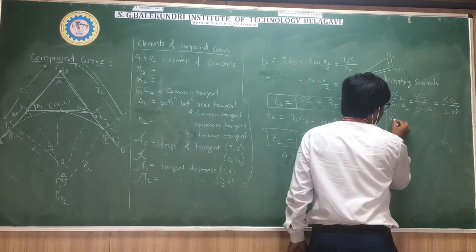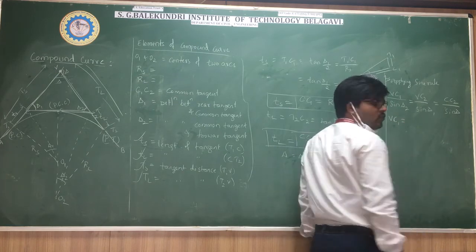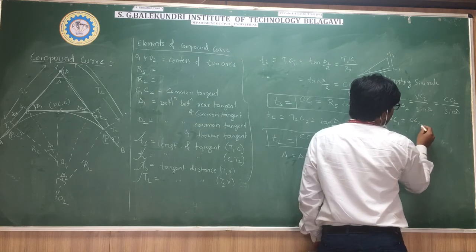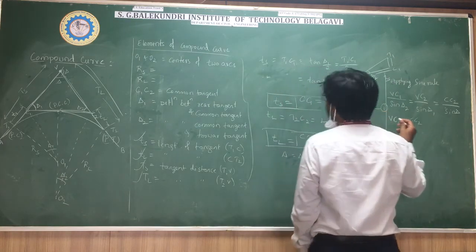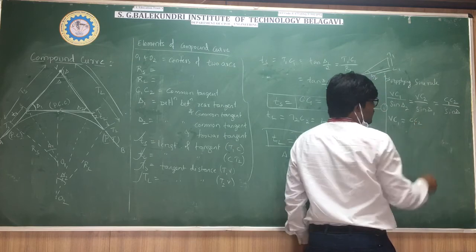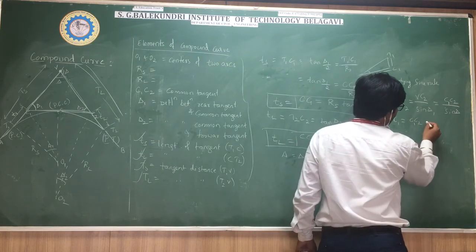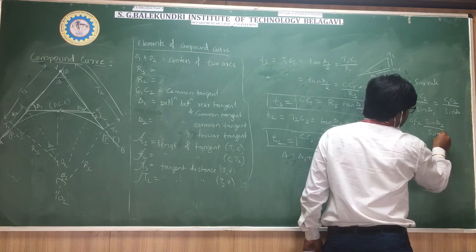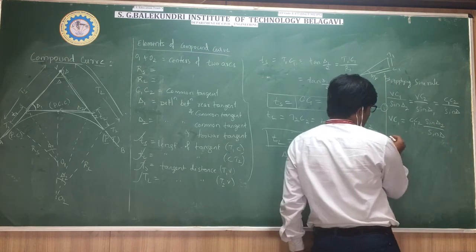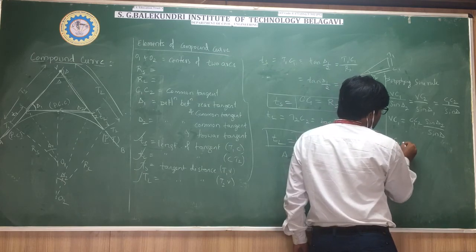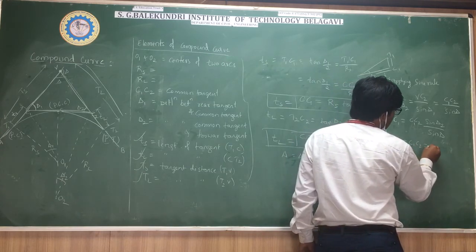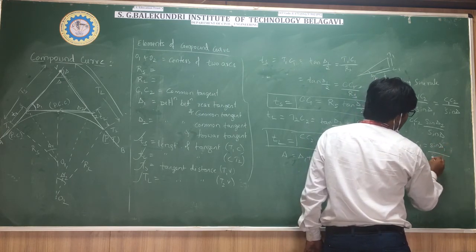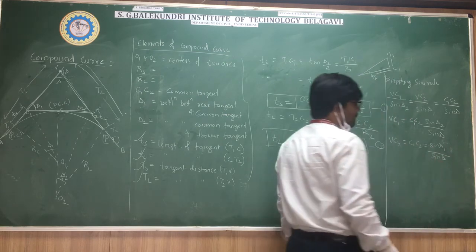From this, you rewrite VC1 is equal to C1 C2 into sine delta 2 divided by sine delta, and VC2 is equal to C1 C2 into sine delta 1 divided by sine delta.